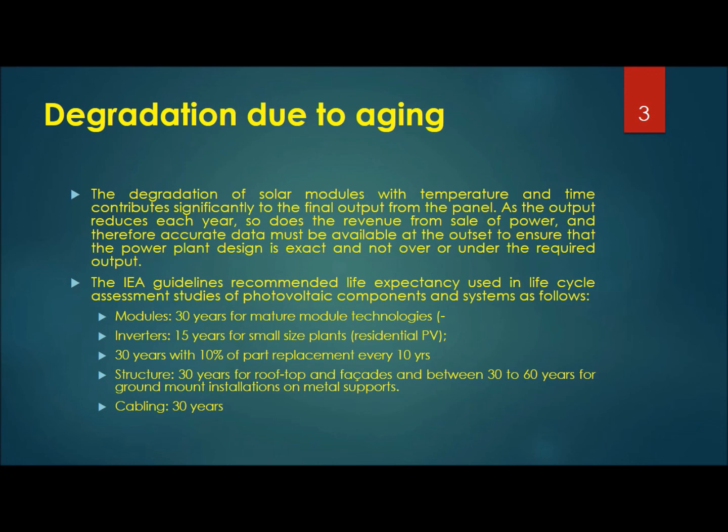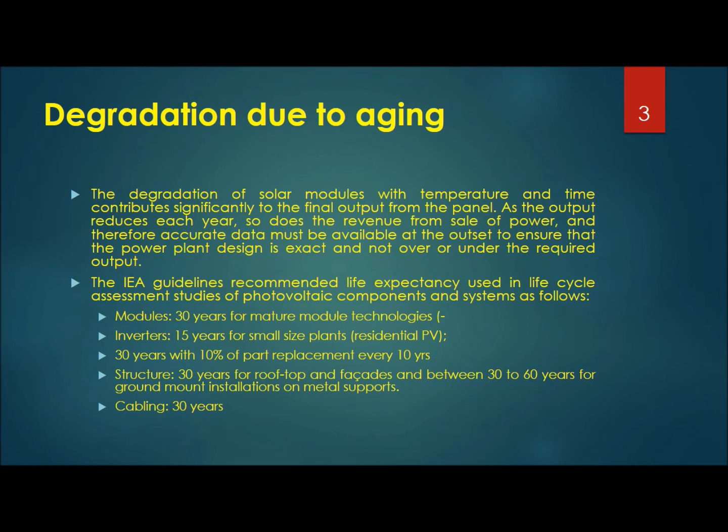IEA guidelines recommend the following life expectancy to be used in life cycle assessment studies of photovoltaic components and systems. For modules, it is 30 years for mature module technologies.